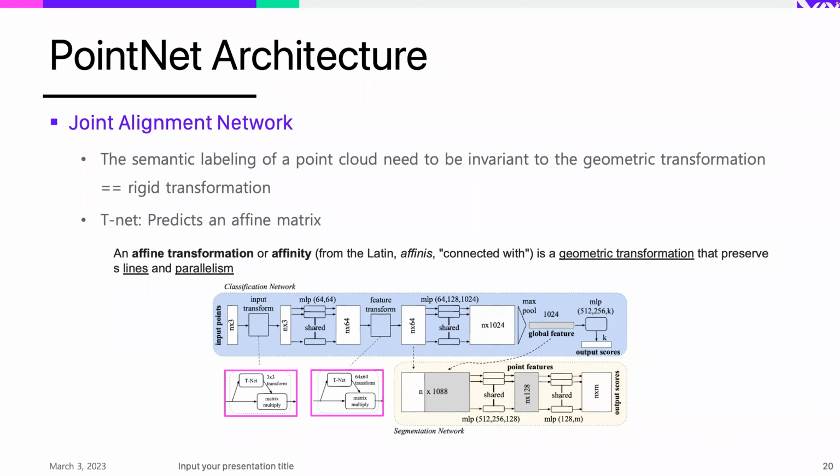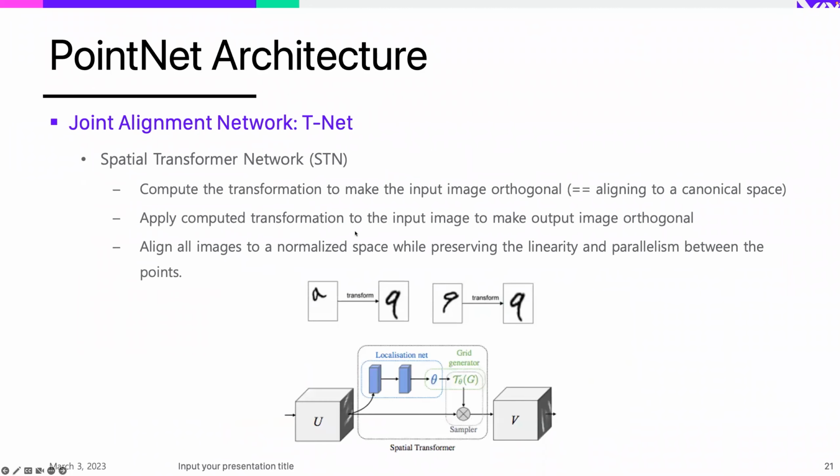For this purpose, T-Net is introduced in the architecture to predict affine matrices. The definition of affine transformation is a geometric transformation that preserves lines and parallelism.